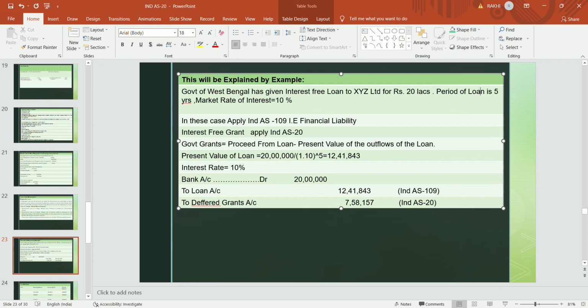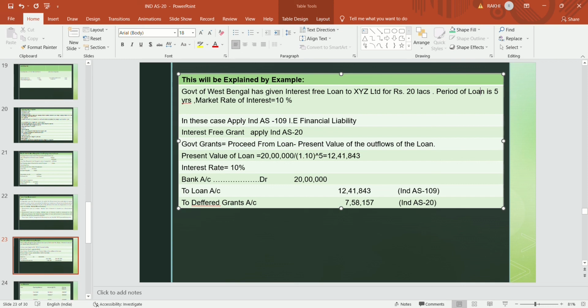If the 20 lakhs is given by the government today, interest free, for a period of 5 years, what was the actual amount of the loan? The present value of the loan we have to find out by using the market rate of interest, that is, 20 lakhs divided by 1.10 to the power of 5 years.